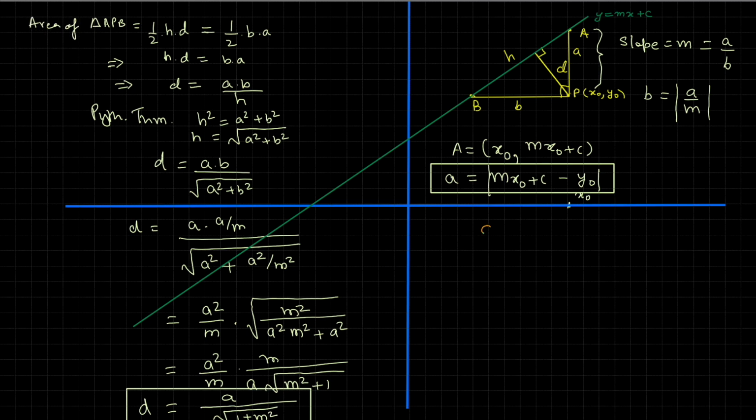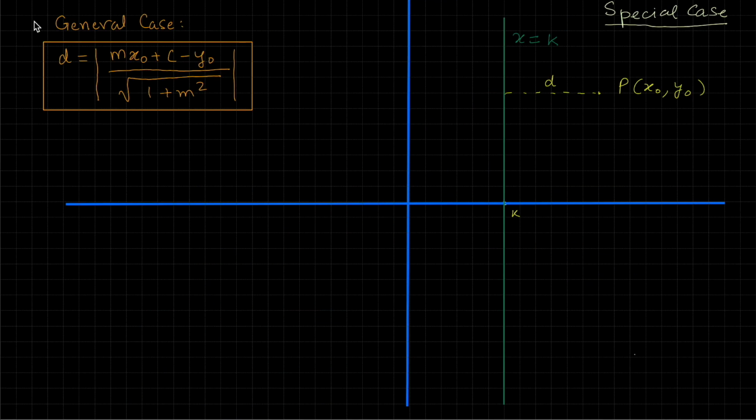Now if we substitute this formula for a back into the equation for d, d will be mx0 plus c minus y0 divided by square root of 1 plus m square with an absolute value around it. So the general case formula that we found says that d will be absolute value of mx0 plus c minus y0 divided by square root of 1 plus m square.